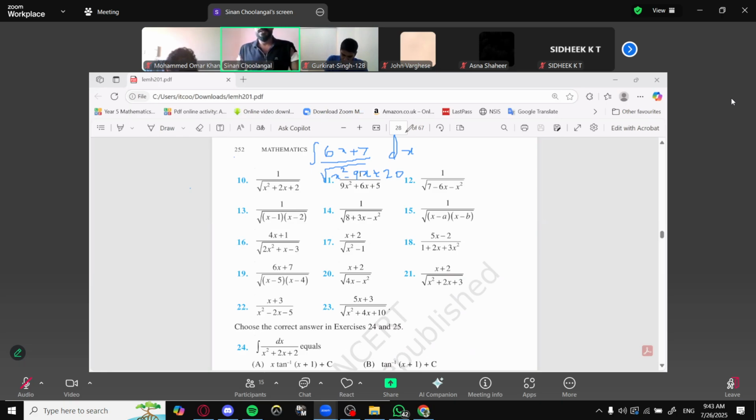So I wrote the question again. Now the 6x plus 7 value we can replace with what we found using the procedure: 3 times (2x minus 9) plus the b value, 34. Writing the denominator.